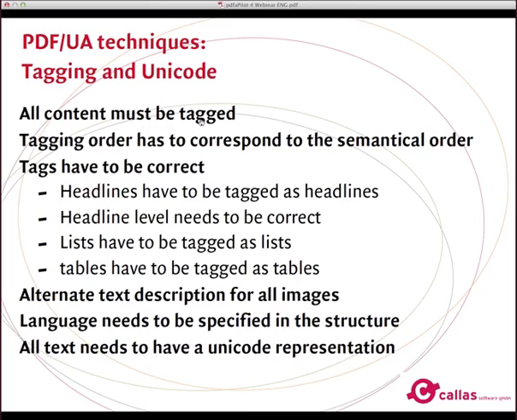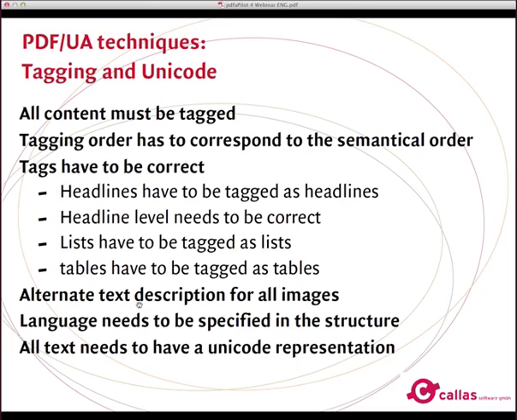All content in the PDF file must be tagged for PDF/UA. The tagging order has to correspond to the semantic order, so that the tagging order is the reading order actually. Tags have to be correct, so headlines have to be tagged as headlines, headline level must be correct, lists tagged as lists, tables as tables, and so forth.